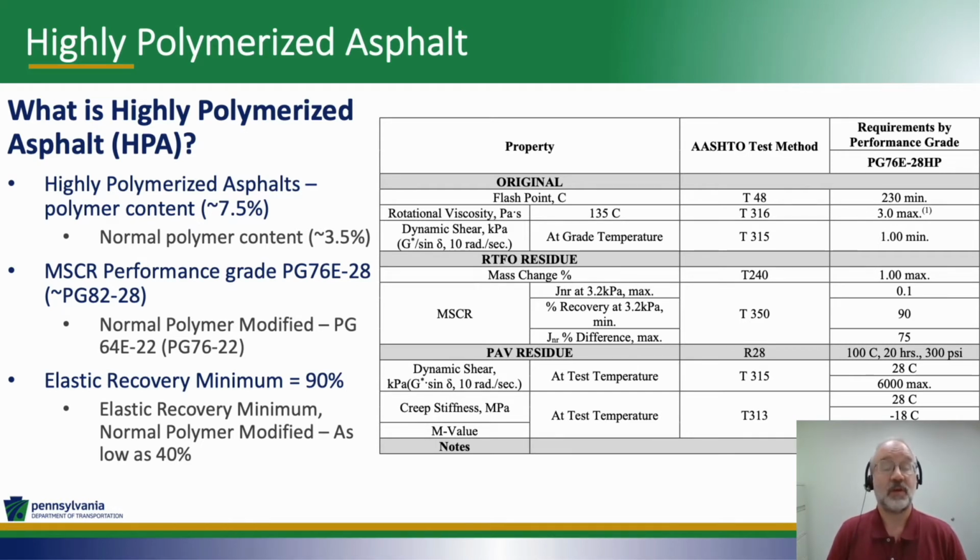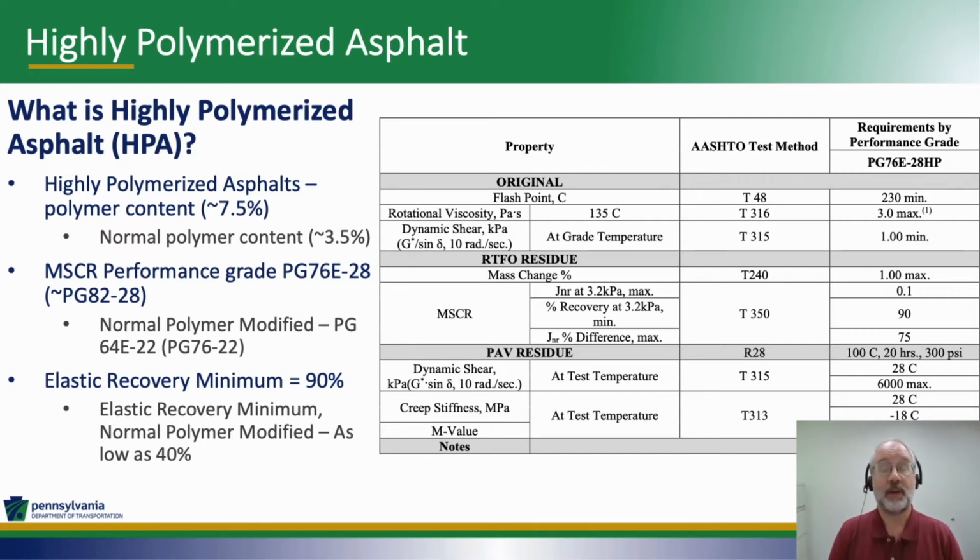That is equivalent to the old PG system, in the range of about an 82 minus 28. The normal polymerized asphalts are 64E minus 22, or under the old system a 76 minus 22 PG grade, if you're used to that.